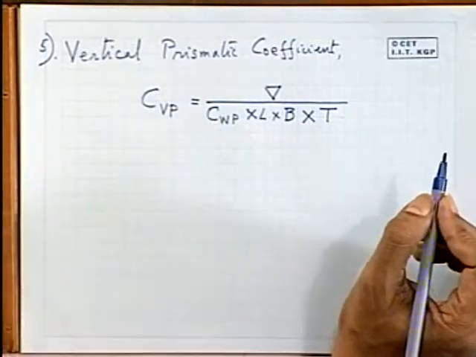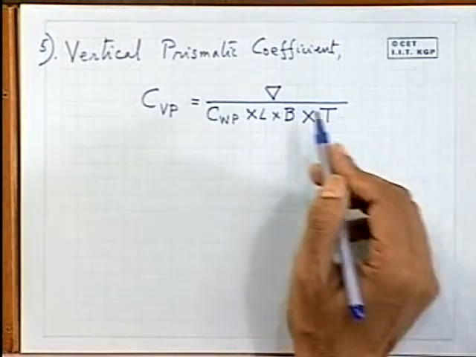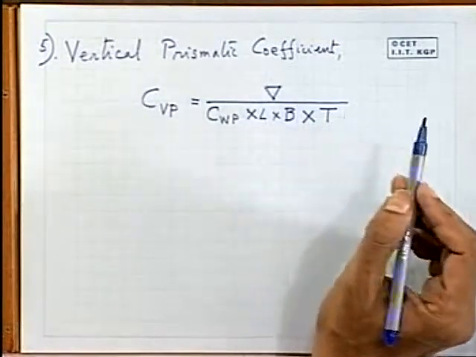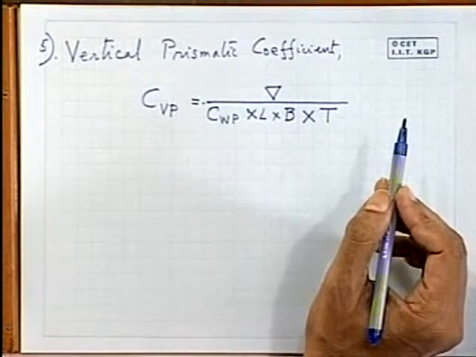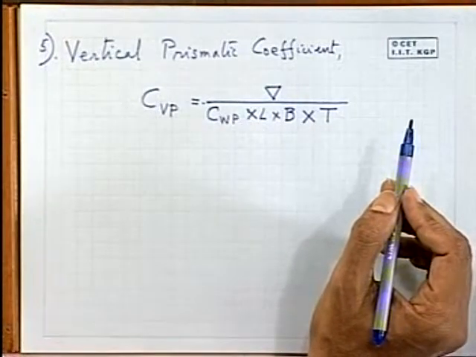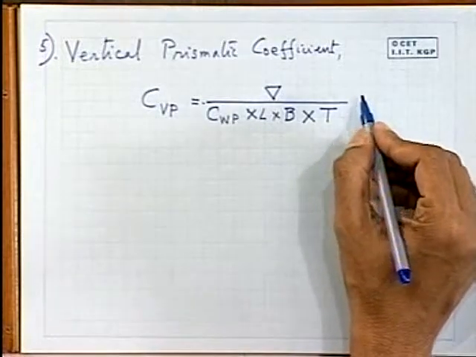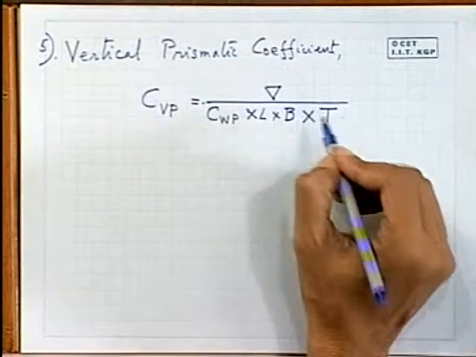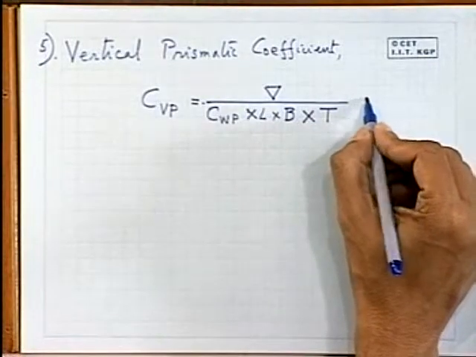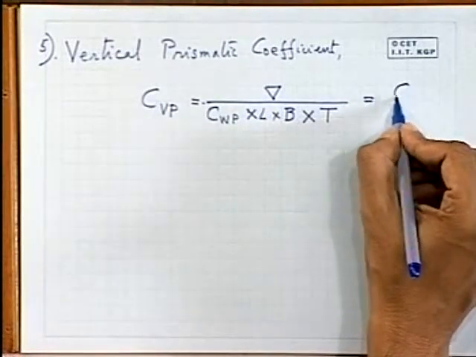It shows the proportion of the displacement with the vertical prism. So this is again displacement divided by length into breadth, which is again your block coefficient.